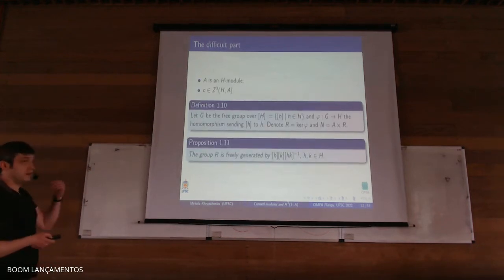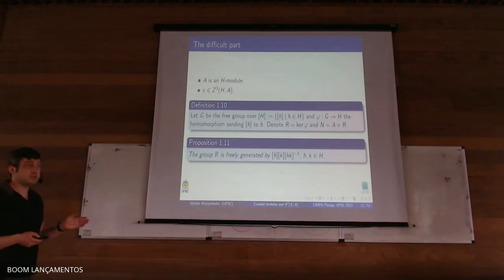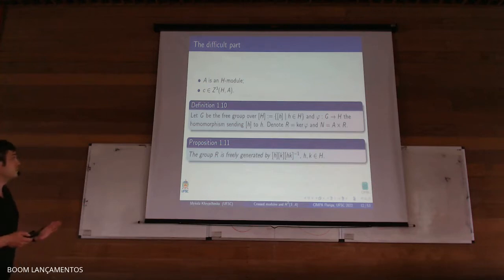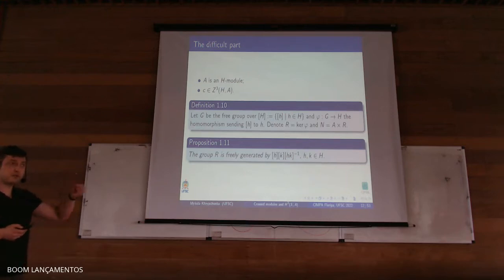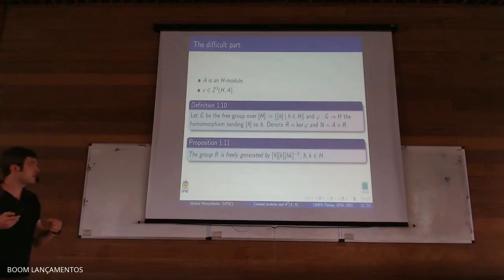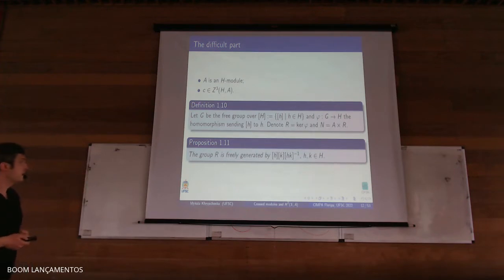And the other direction is quite, for me at least, in my opinion, non-clear and non-trivial. So what do you get? You have an H-module A, and you have a 3-cocycle. First of all, you need to construct those two intermediate terms in your four-term exact sequence, that group G and group N, and of course beta between them.